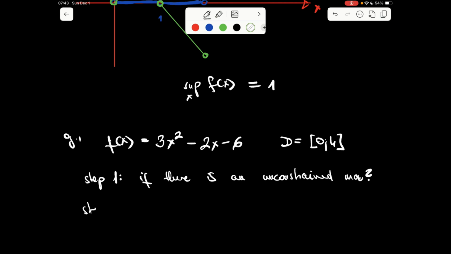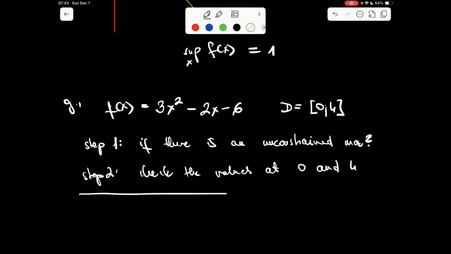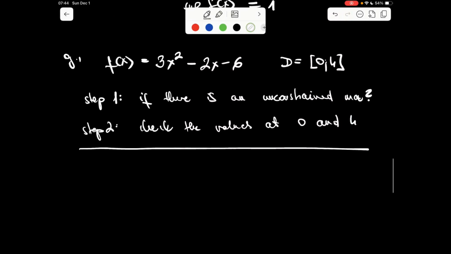And in step 2, we need to check the values at the end of the domain, 0 and 4. So let's take these steps one by one.